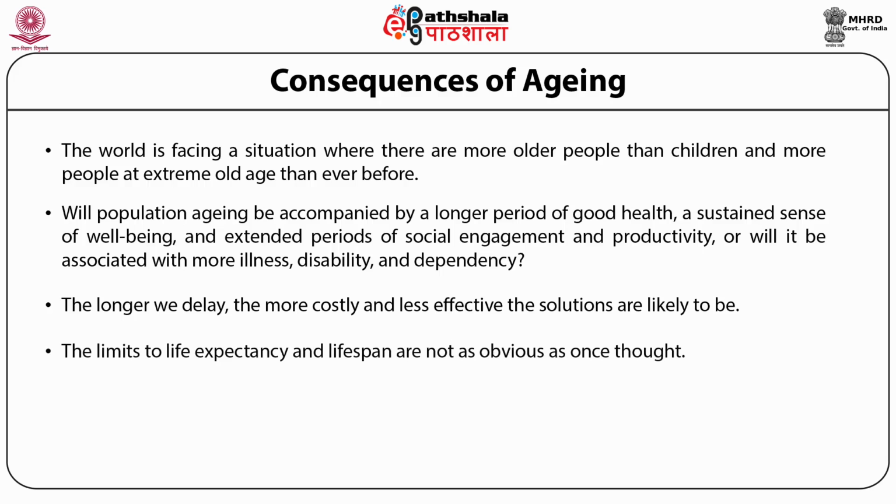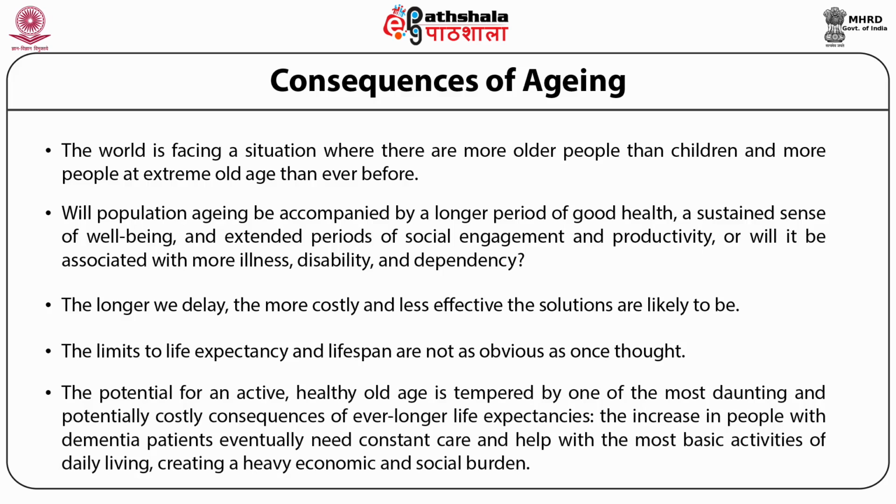The limits to life expectancy and lifespan are not as obvious as once thought, and there is mounting evidence from cross-national data that with appropriate policies and programs, people can remain healthy and independent even in old age and continue to contribute to their communities and families.